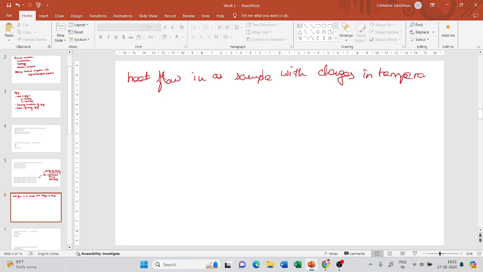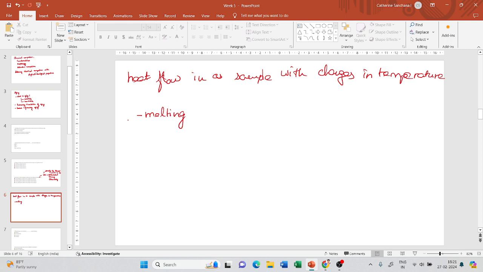So let us take a sample, and if you heat it or cool it, there will be some thermal events happening in the material. What do I mean by thermal events? It could be melting. For example, let us take ice and subject it to some heat. You will observe that the ice starts to melt, right? That is a thermal event.